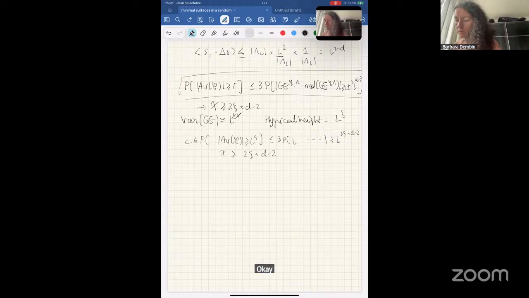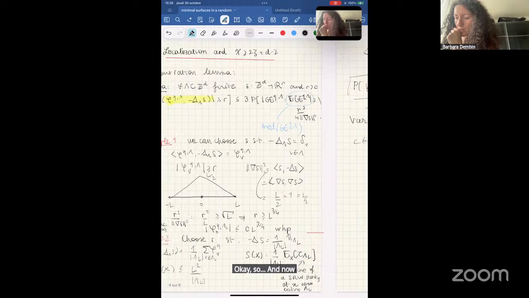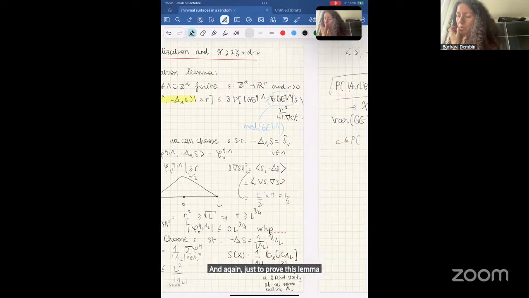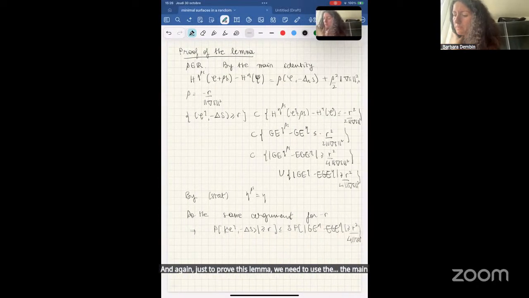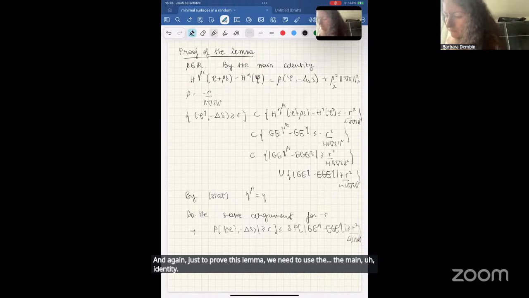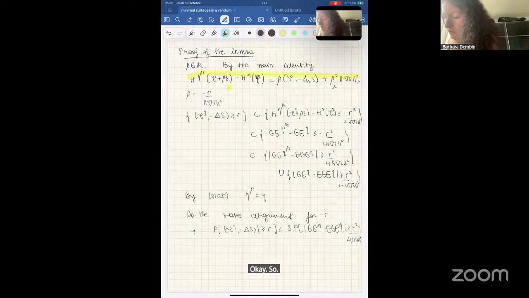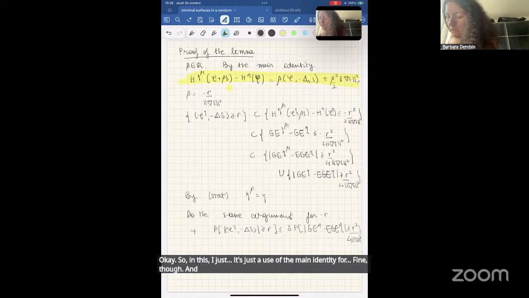Okay, so now we can prove this lemma. And again, to prove this lemma, we need to use the main identity. It's just a use of the main identity for phi and the shift rho s, where s can be any shift function.